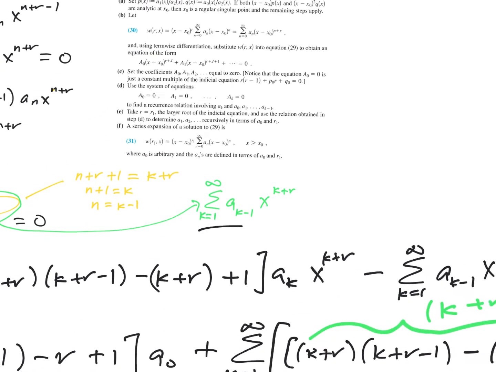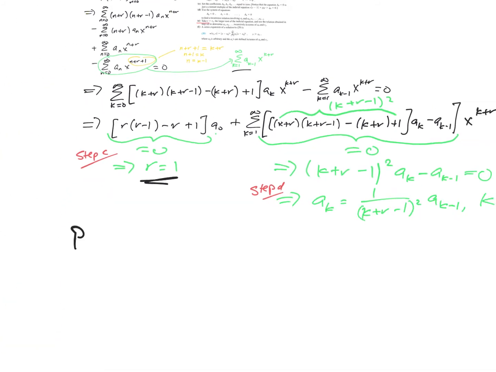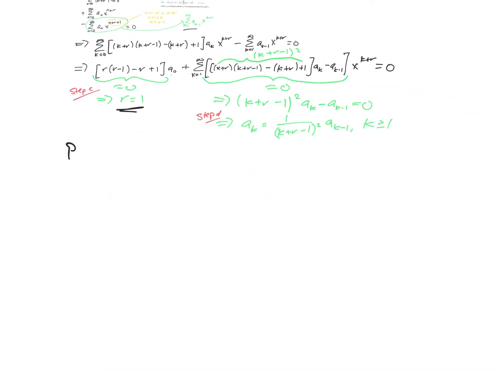And next, we're going to do step E, which is to actually plug in r. And this is saying to do the larger root of the initial equation. And we'll see why that is later. But, well, okay, we'll just do it because it says to. So this is step E.